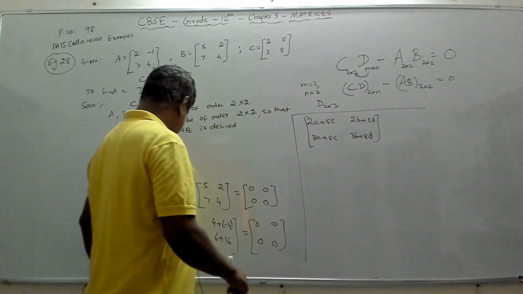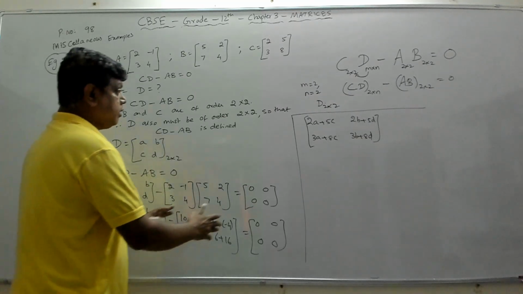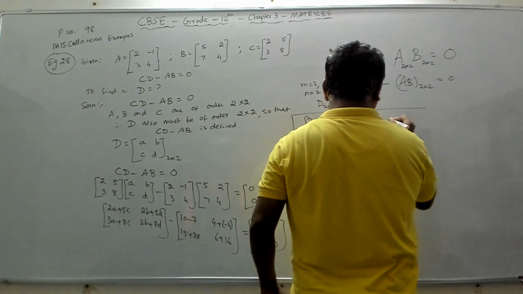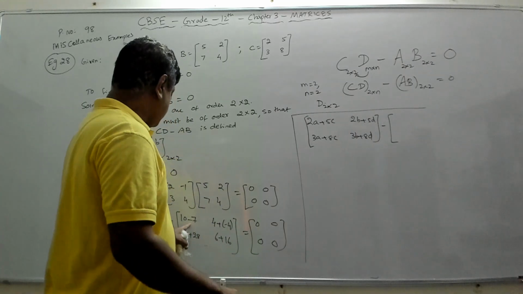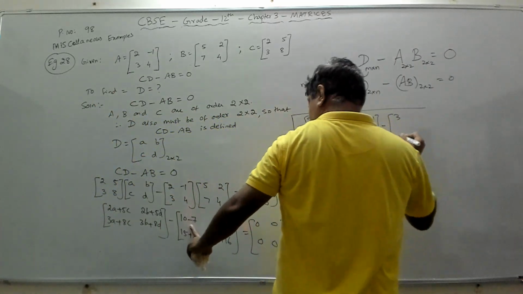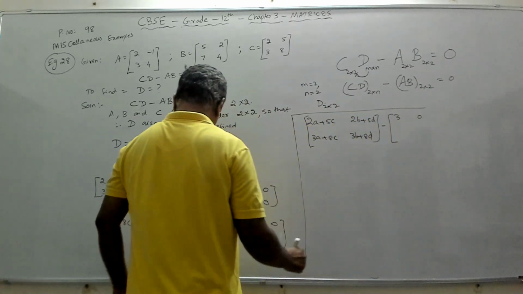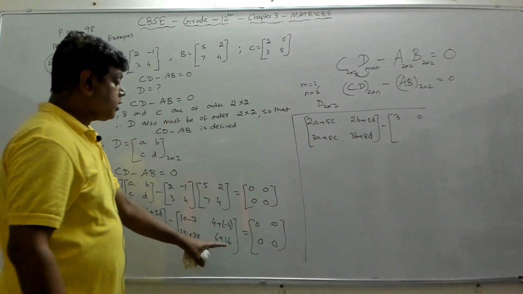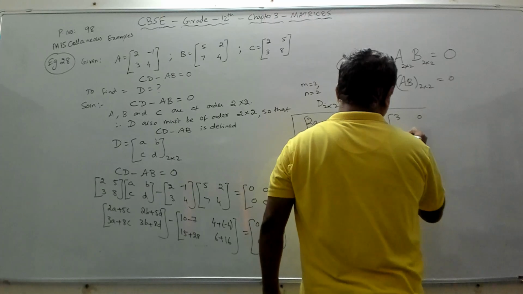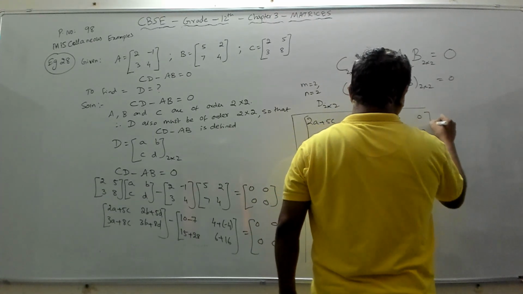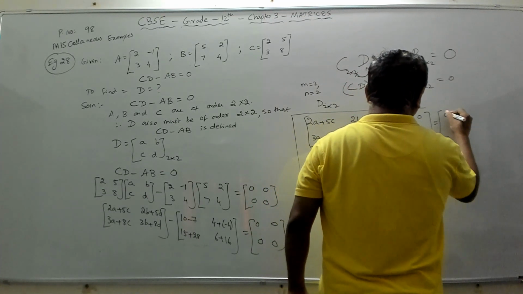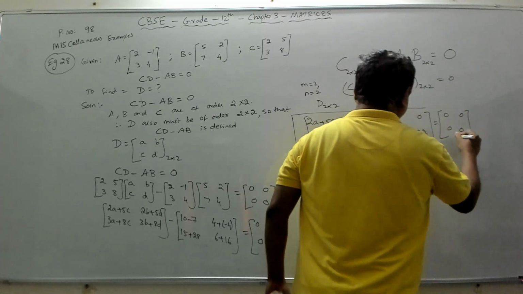So I have written this here. Then minus, now 10 minus 7 is 3, 4 minus 4 is 0, then 15 plus 28 is 43, 16 plus 6 is 22, equal to 0, 0, 0, 0.